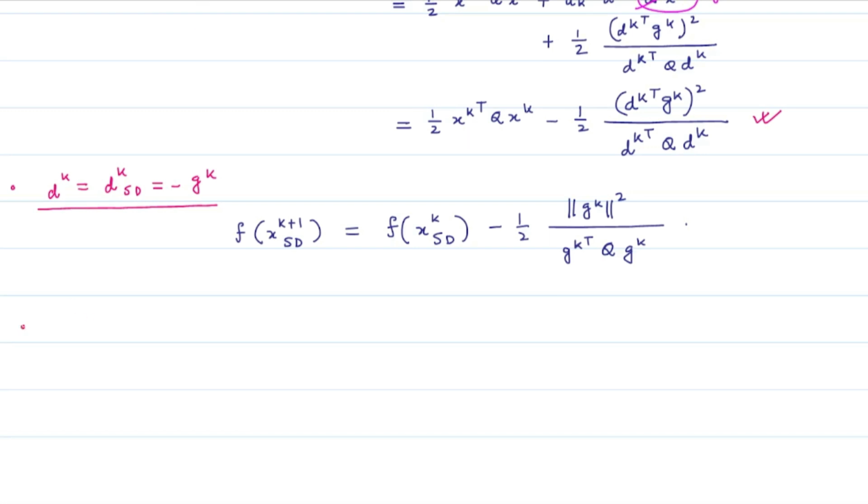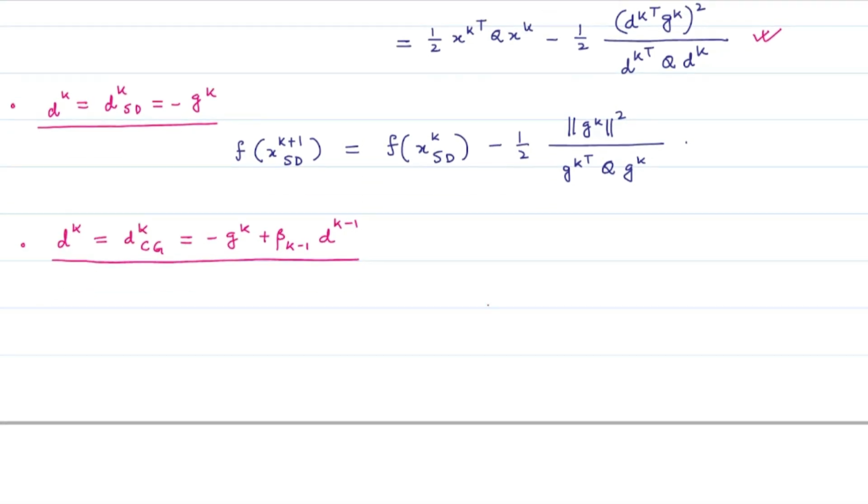Now for the conjugate gradient method, the direction d_k is given by d_k for conjugate gradient equal to minus g_k plus beta_{k-1} d_{k-1}, which gives that f(x_{k+1}) is equal to f(x_k) for conjugate gradient, this expression, minus, we shall go with a side calculation for the second term.